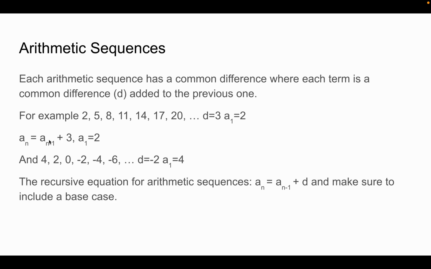If we didn't have a1 equals 2, the problem would be that we wouldn't know. If I wanted to find, for example, a5, then it would be a4 plus 3. And to find a4, it would be a3 plus 3. And we keep on doing that until we have a1 plus 3. Usually we would know that a2 is a1 plus 3, and we know a1, so it's 2 plus 3.